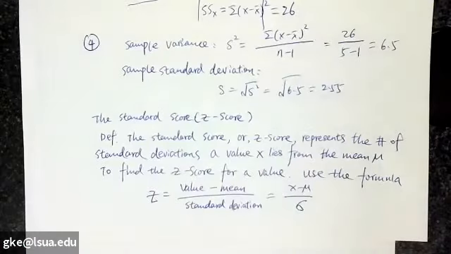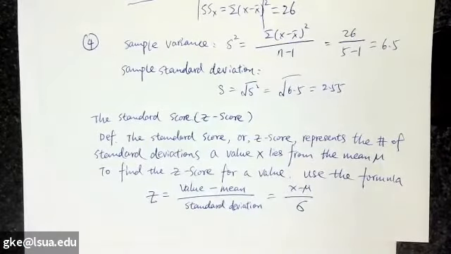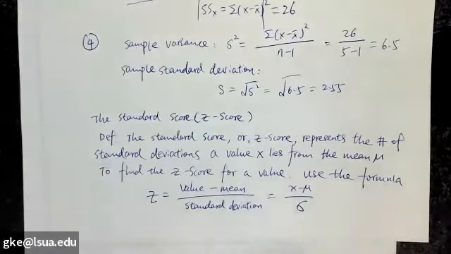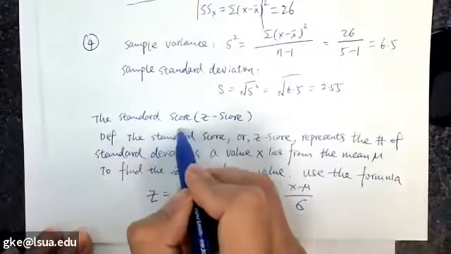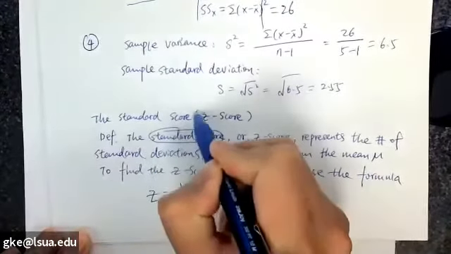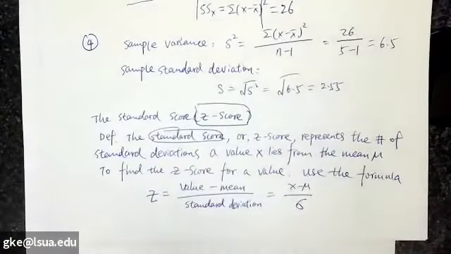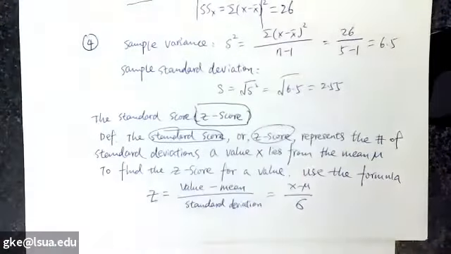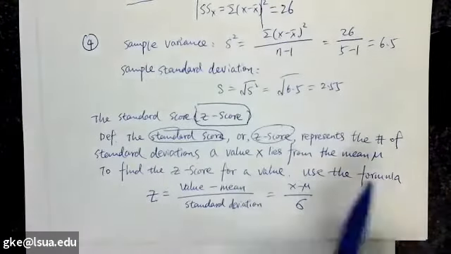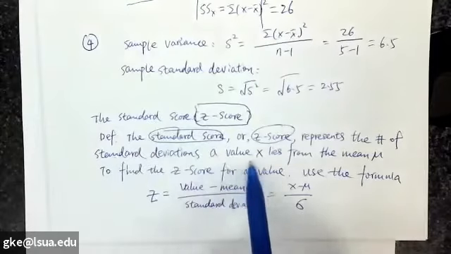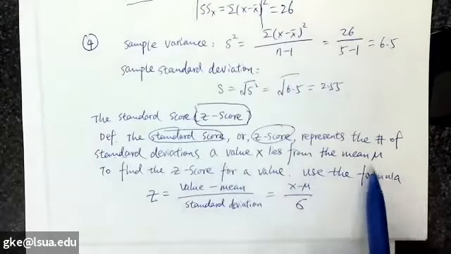Let's take a look at the terminology. That is the standard score, and we can call it the z-score. It represents the number of standard deviations a value x lies from the mean value.